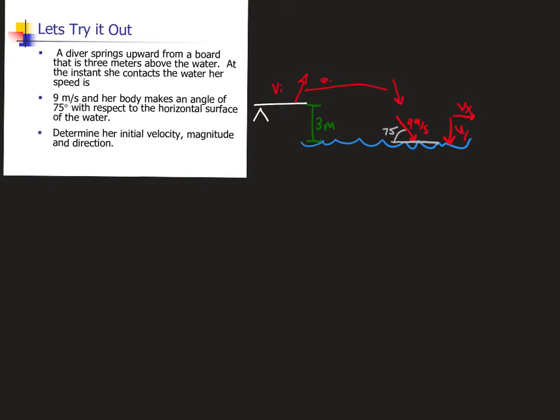So those will be equal, but opposite in direction. So we can just flip the sign on it, instead of saying that it was going at a negative, let's just say 6 meters per second. It would just be a positive 6 meters per second upwards.